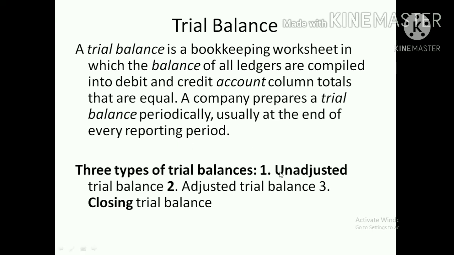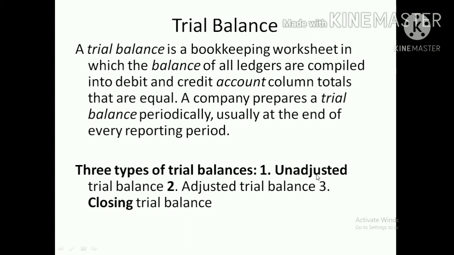Here I am giving the information that there are three types of trial balances: the first one is the unadjusted trial balance, the second one is the adjusted trial balance, then the closing trial balance. As soon as you prepare the ledger accounts with the help of vouchers, Tally will do this three-step process.